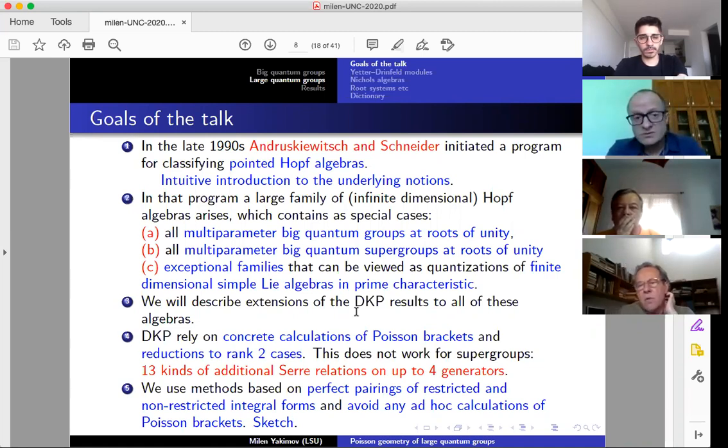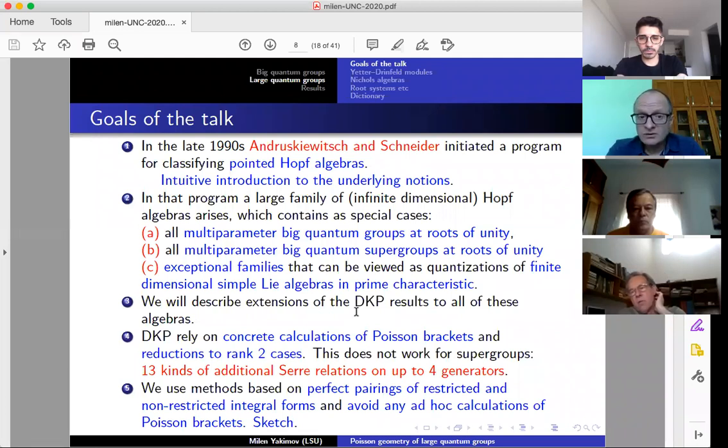Our methods also very much differ from the De Concini-Kac and Procesi methods, because they always relied on concrete calculations with Poisson brackets and reductions to rank 2 cases. Reductions to rank 2 cases, because the Serre relations for Lie algebras involve only 2 terms.